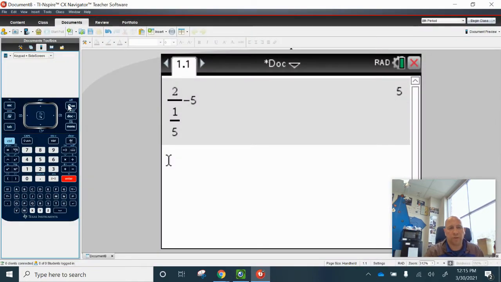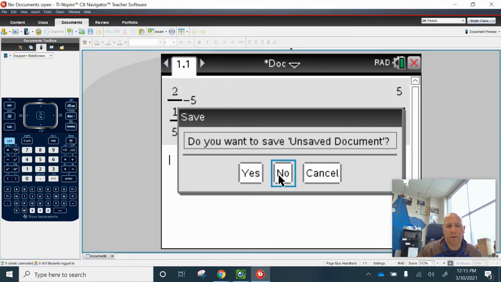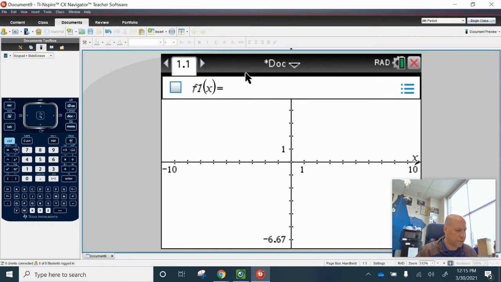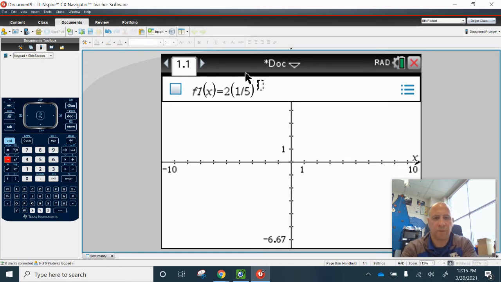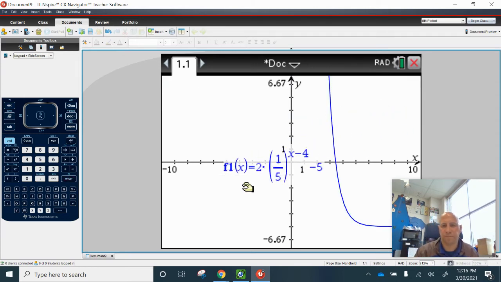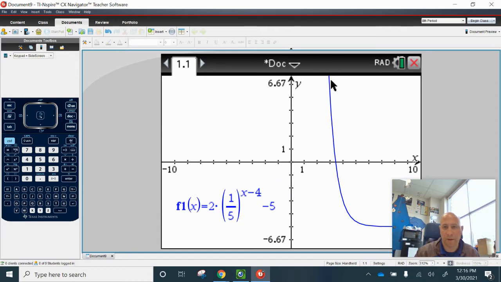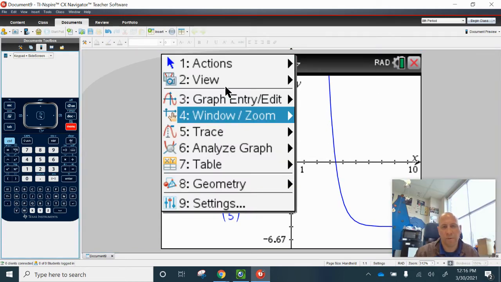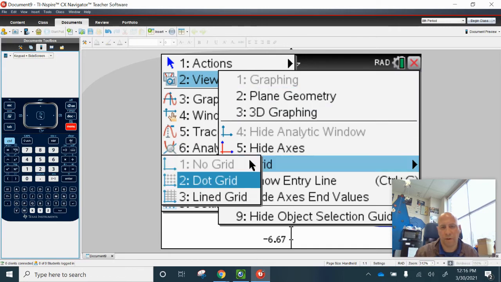Let's go ahead and graph in our calculator. So on, new document, add graph. So 2, parentheses 1 divided by 5, click to the right, is to the x minus 4 minus 5. Okay, so you can see it's going down and over, and menu, view, grid, on grid.